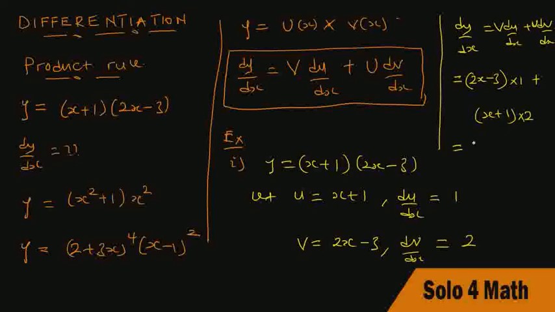And this gives us 2x minus 3 plus, we can expand this to give us 2x plus 2. So when you expand further, you add, this gives you 4x, then this one remains minus 1. And that is it.